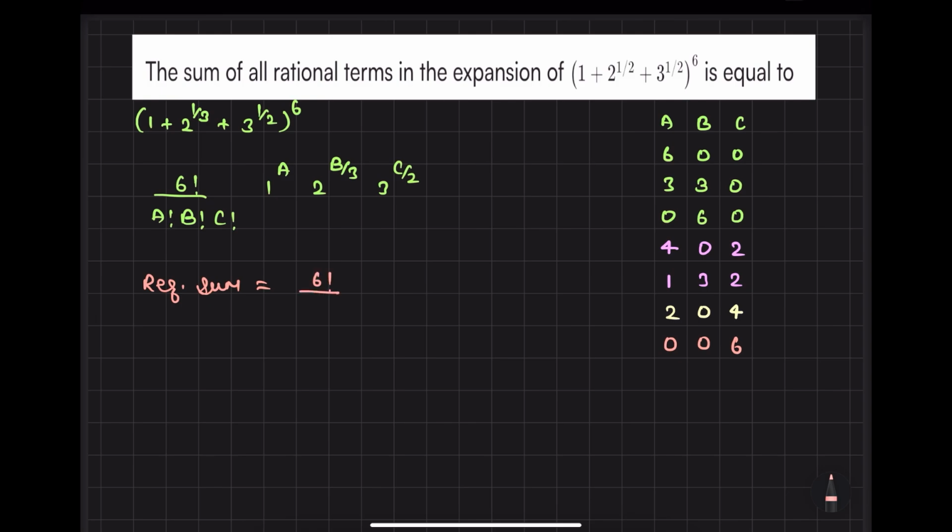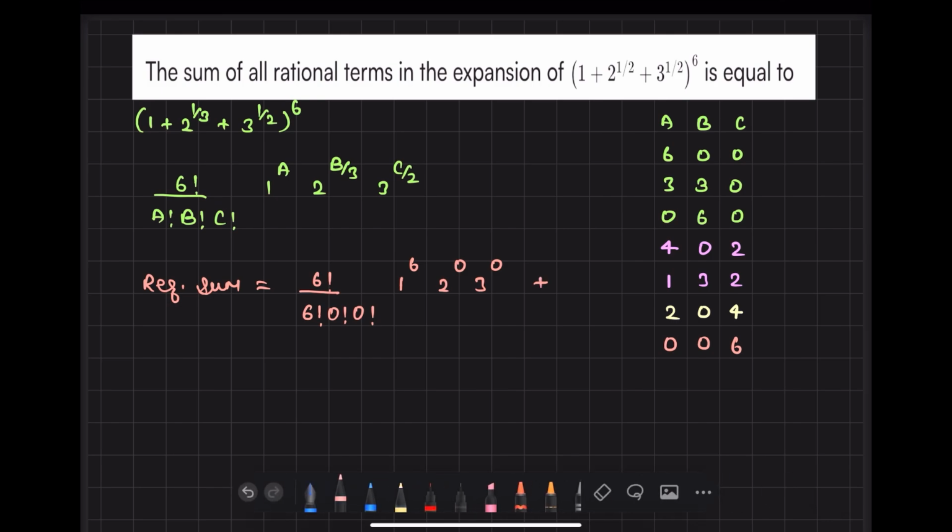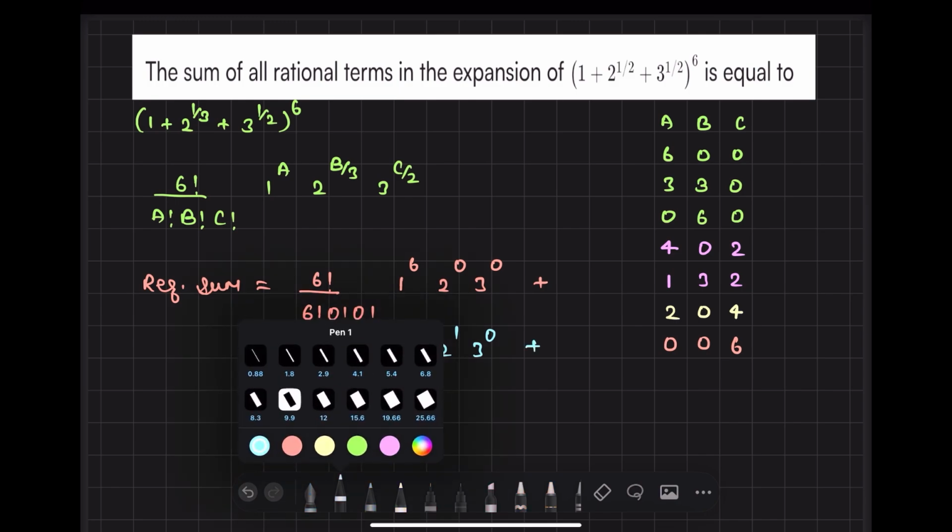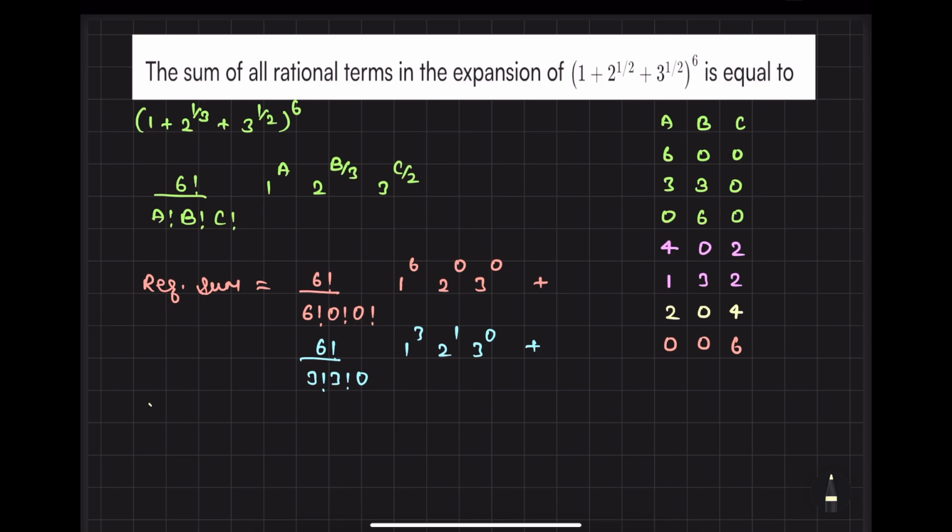So the first case is 6!/(6! 0! 0!), with a = 6: 1^6, 2^0, 3^0, plus the second case, 6!/(3! 3! 0!), 1^3, 2^(3/3), and 3^0, plus the next, 6!/(0! 6! 0!), then 1^0, 2^(6/3) which is 2^2, and 3^0, plus. Okay, the third case is done.